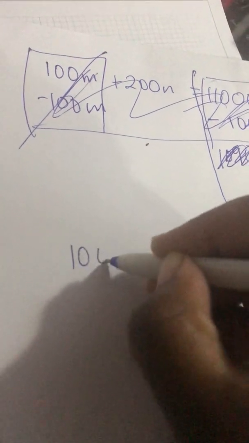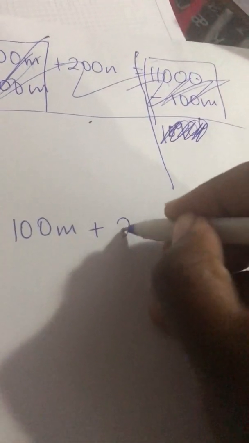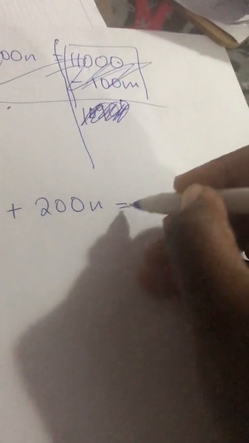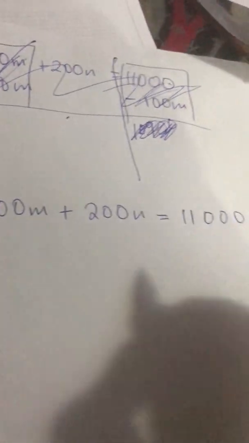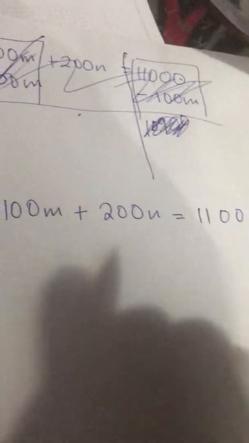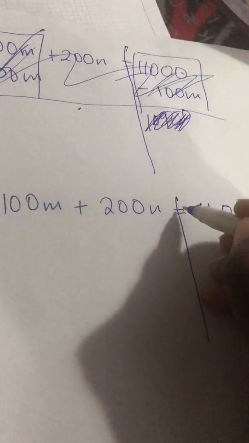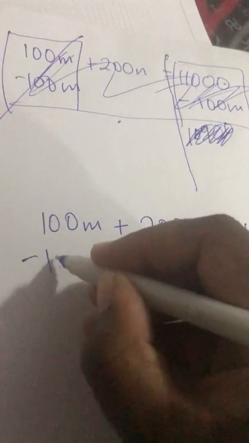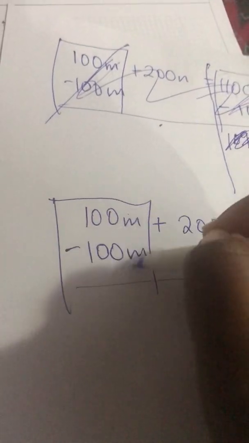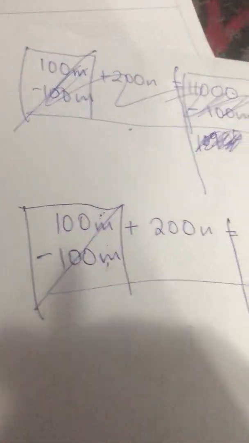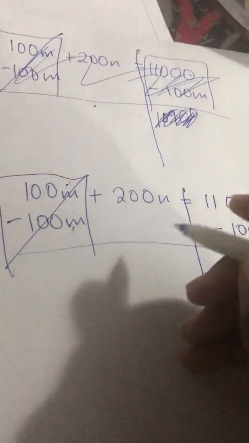Okay. 100M plus 200N equals 11,000. Okay? All right. I need to move this to this side. Here is my bridge. So minus 100M minus 100M. This house, because they belong together, they have the same variable. This cannot be housed because they don't have the same letter. All right.